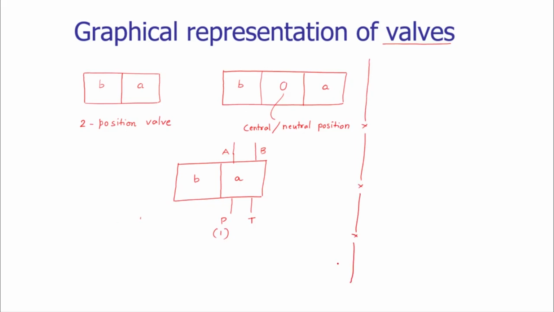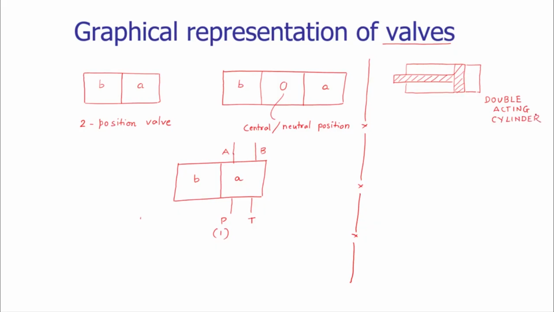Now let us understand how to designate the valves. To understand the graphical representation of valves, let us take an example: how to control the movements of a double acting cylinder. So let us consider a double acting cylinder, and we have to control its operation by using a valve.